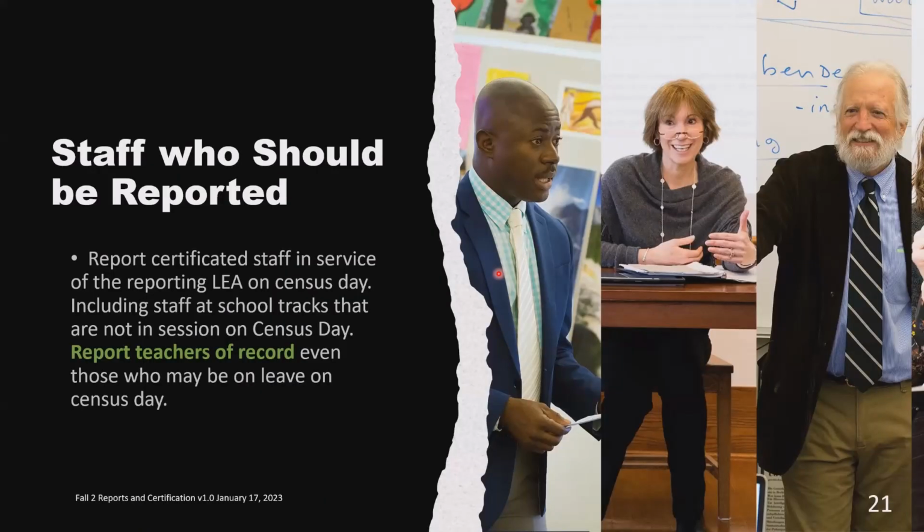So again, you need to report credentialed staff members with credentialed pupil service credentials or admin credentials or teaching credentials, right? And then, of course, for staff members who are teachers, you have to report the teacher of record, meaning the teacher who is contractually obligated to teach the class on census day.